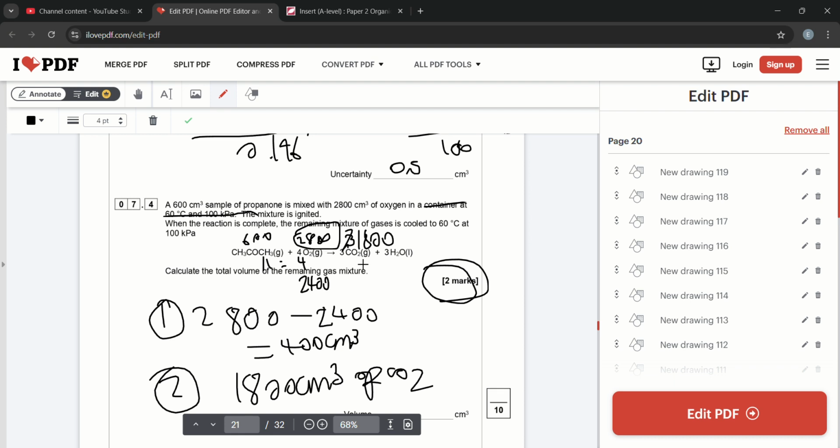Therefore, the remaining oxygen in the mixture is 2800 minus 2400, 400 centimeters cubed.